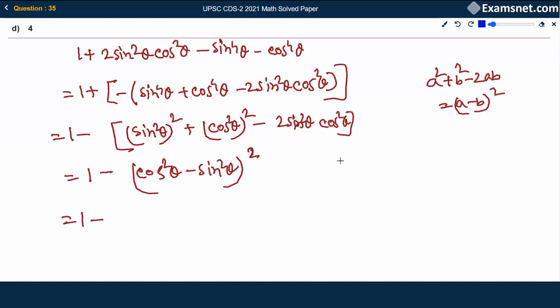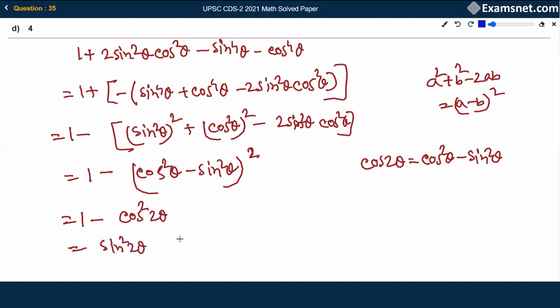Also, there is a formula that cos 2 theta equals cos square theta minus sine square theta. So this means it will give us cos square 2 theta. Okay, so 1 minus cos square 2 theta will give us sine square 2 theta, right?